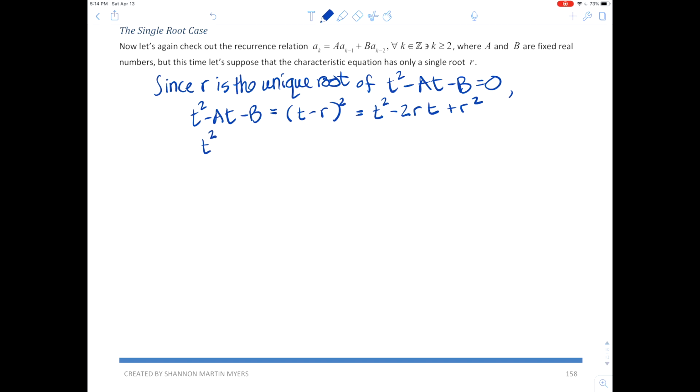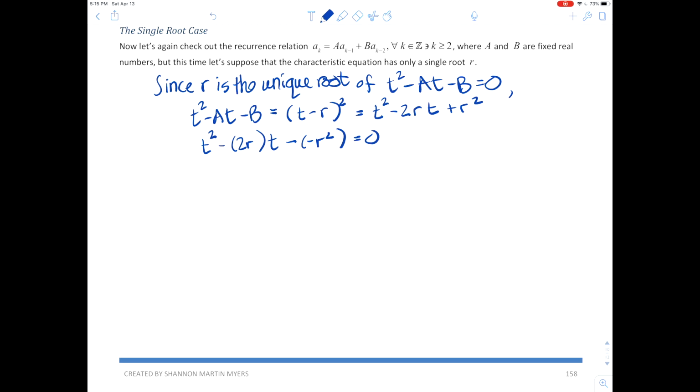See if we had t squared minus 2 times r times t, and then minus negative r squared is equal to 0. Okay? Because it's the characteristic equation, all right?